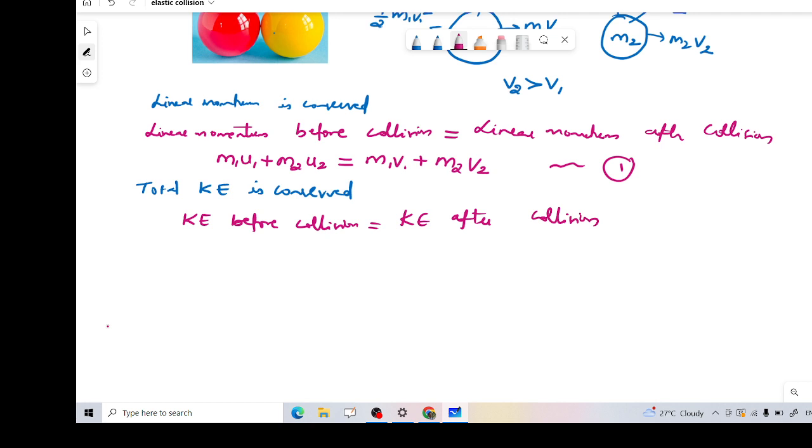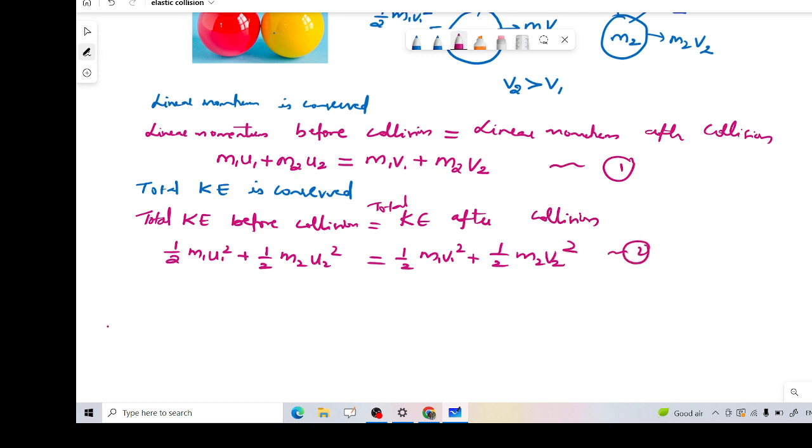Total kinetic energy before collision becomes half m1 u1 square plus half m2 u2 square, not v1 square, because v1 represents after collision, and here half m1 v1 square plus half m2 v2 square.